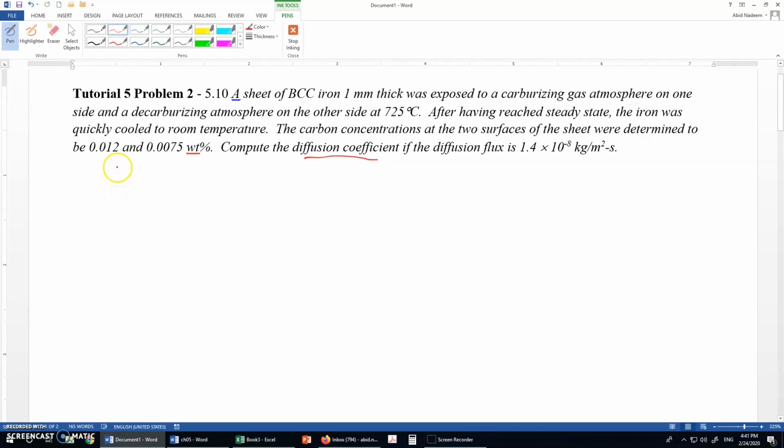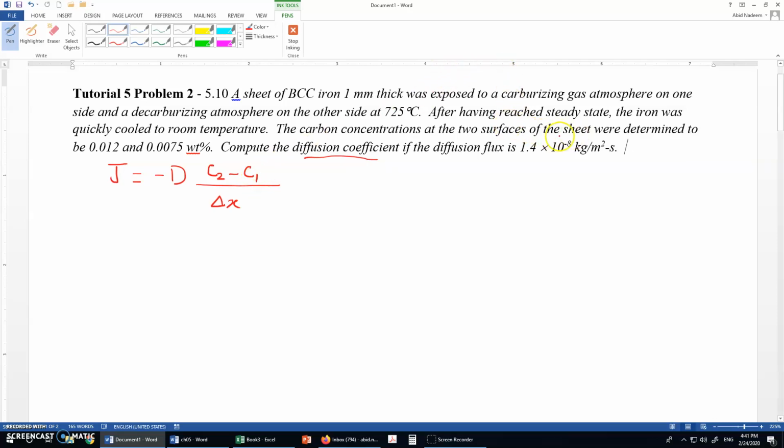So we can write the diffusion flux J equal to minus D times (C2 minus C1) divided by delta X.